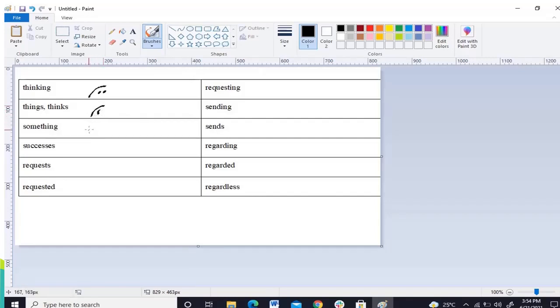Next, something. We have some, and then thing. Successes. So, we have successes. Tama ba? Ay, wrong. Isa lang pala. So, success. Success yung kanina, S-O-K, S-U-K, and then yung ating S. So, successes. Now, request.